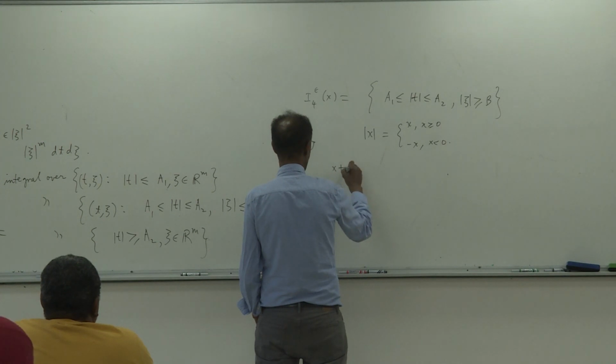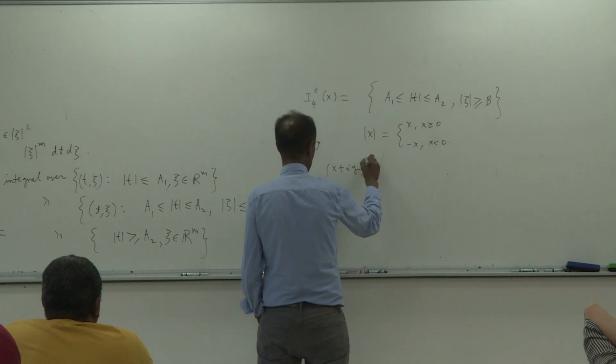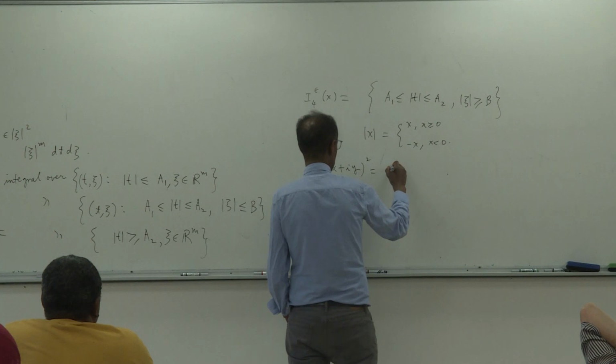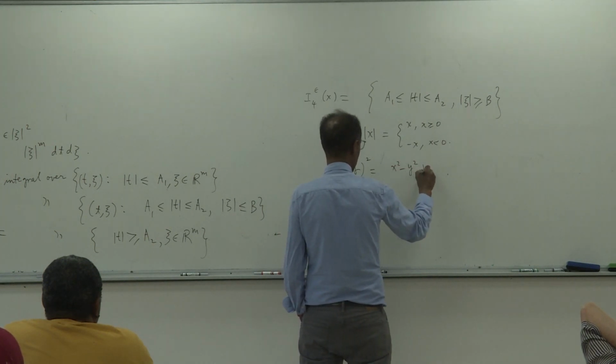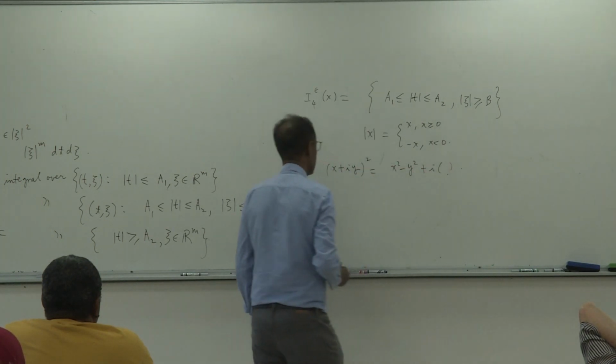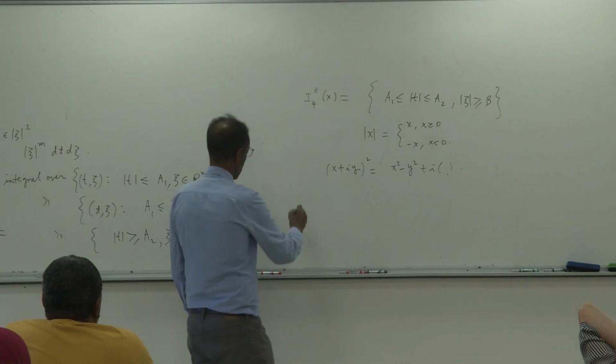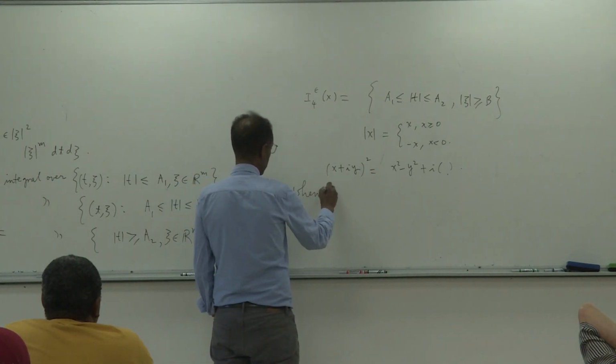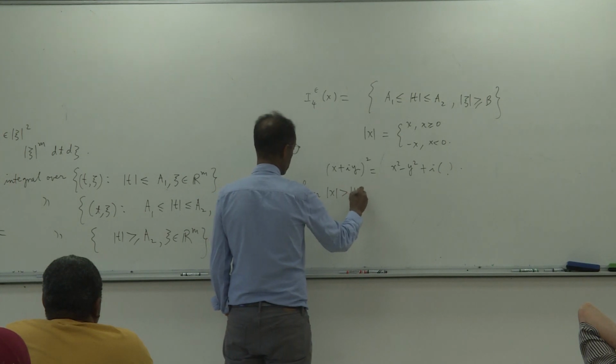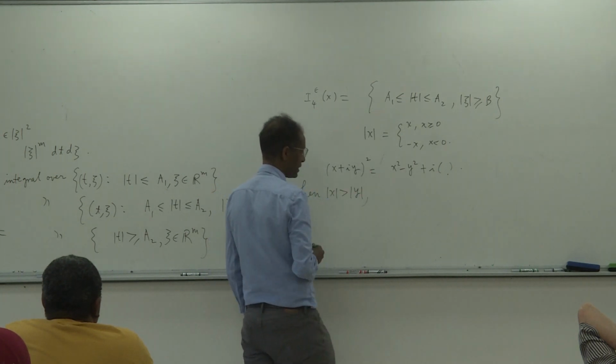Now, if I take x plus iy, square, the real part is this. I don't care about the imaginary parts. Now, when absolute x is bigger than absolute y, the real part is positive.